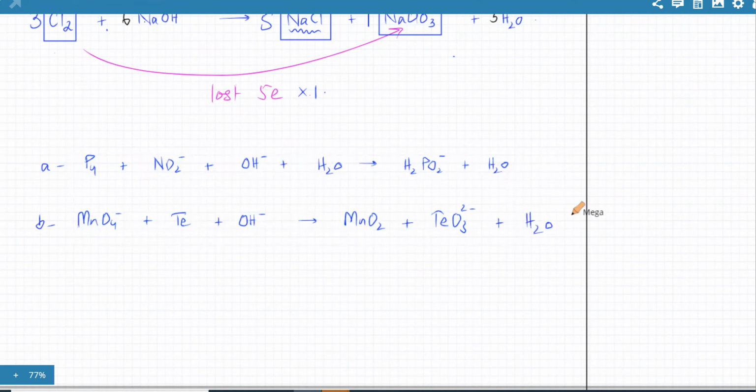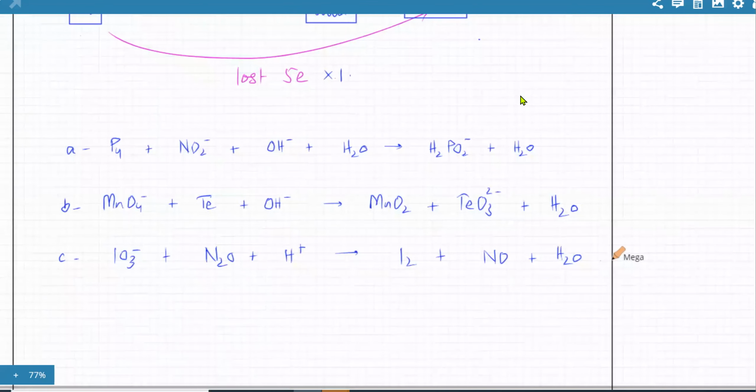Okay, so this one, number 3, is IO3 minus 1 plus H2O.